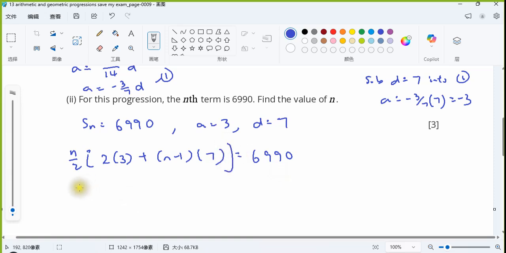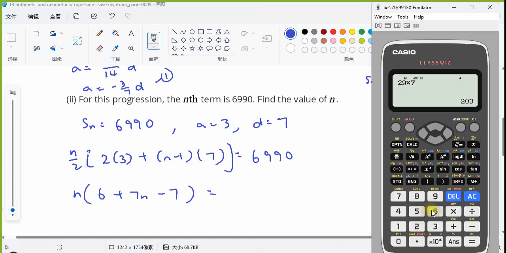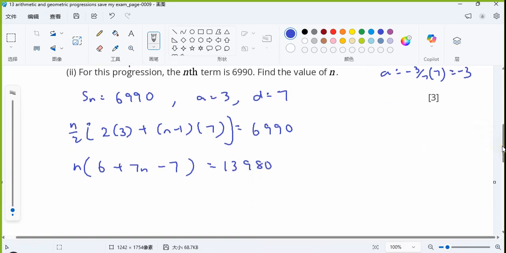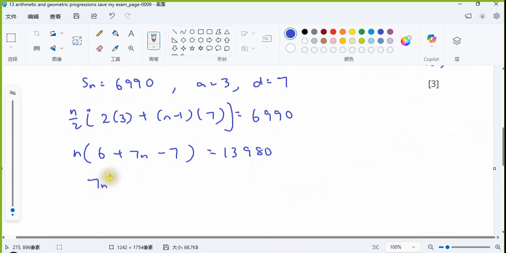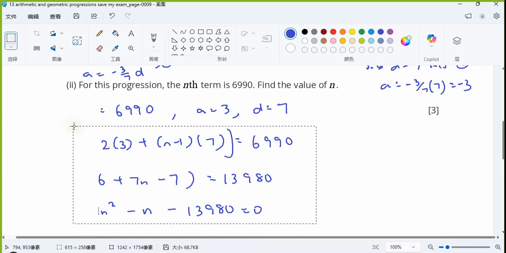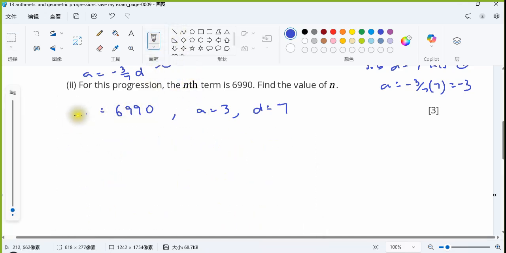Then n times 6 plus 7n minus 7 equals 6990 times 2, which is 13980. Expand this: 7n squared minus n minus 13980 equal to 0. I made a mistake here.